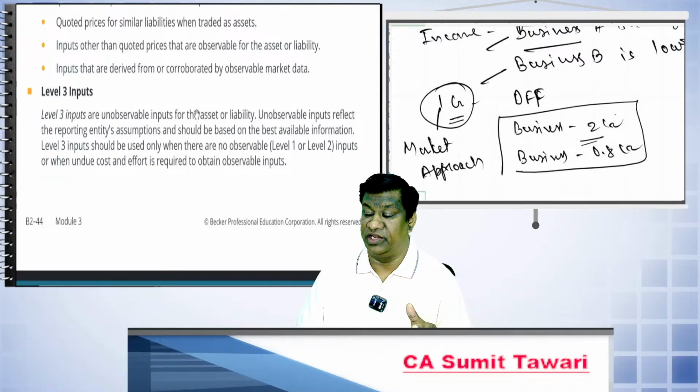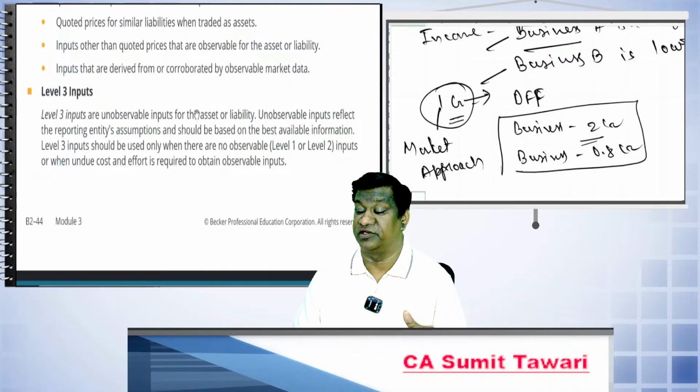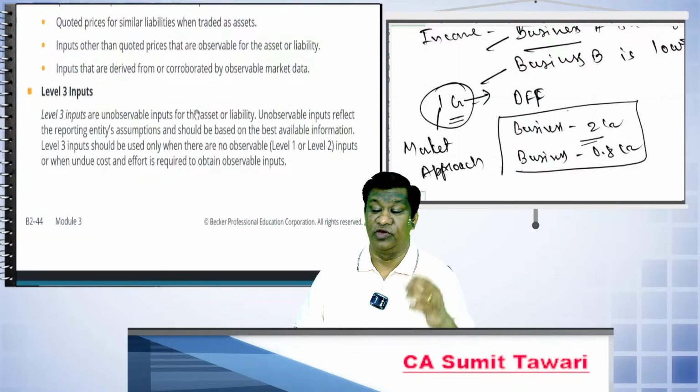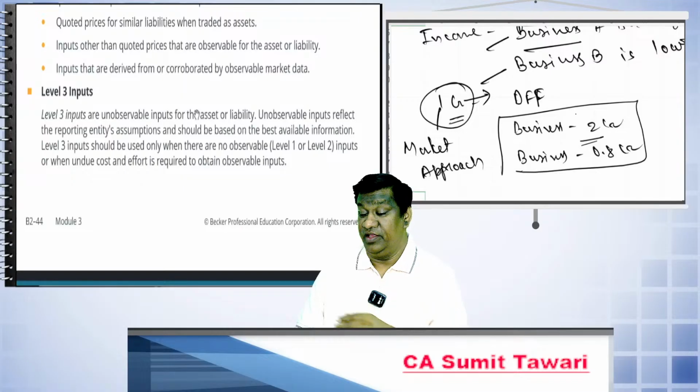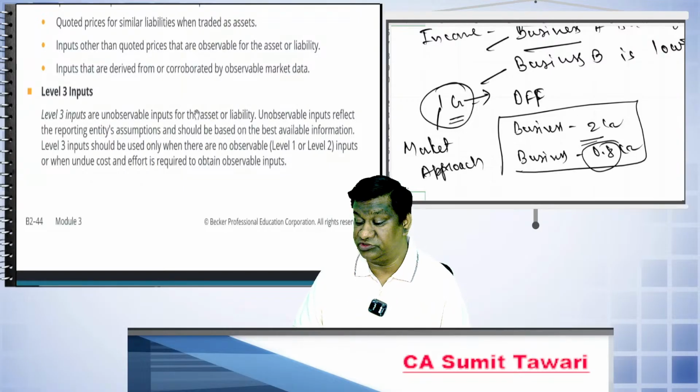If I'm doing an aggressive or not much reliable calculation, then I can use the market approach only. It is not the case that just because I'm able to earn higher, I need to raise the value of the asset. But if I'm sure that I cannot generate more than 0.8, then my asset should get valued at 0.8 and I need to make an adjustment for the impairment of the asset.